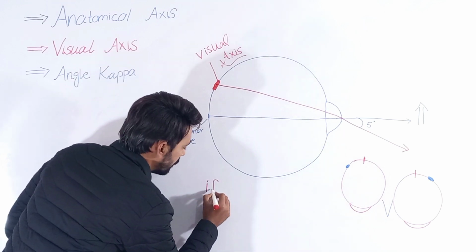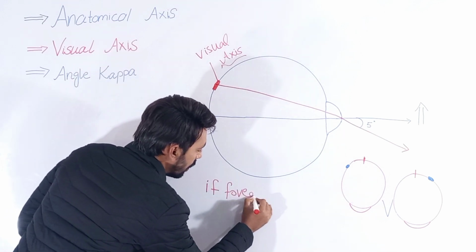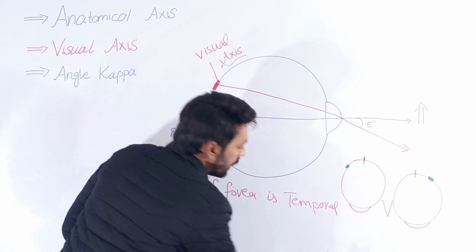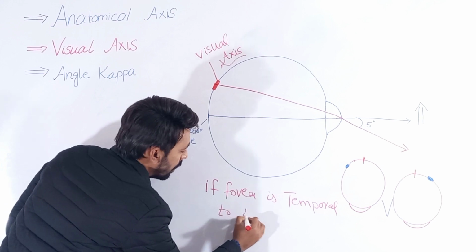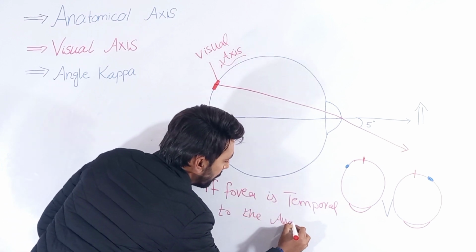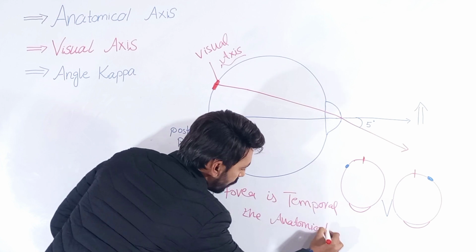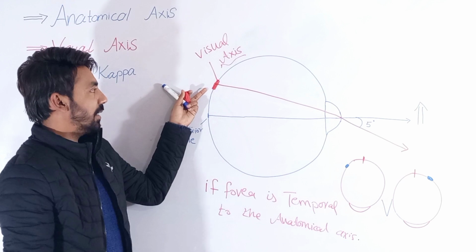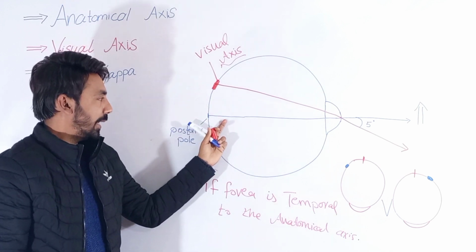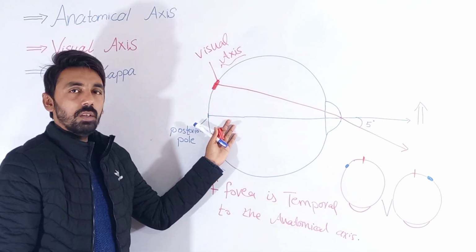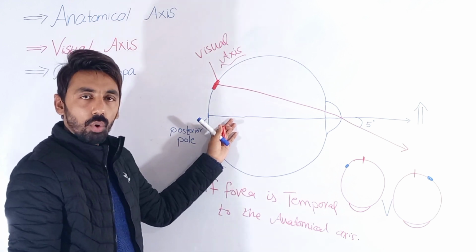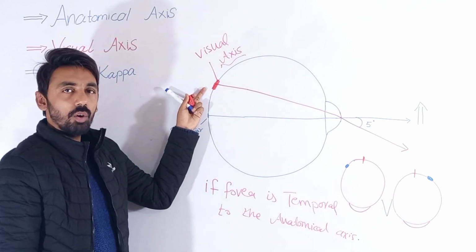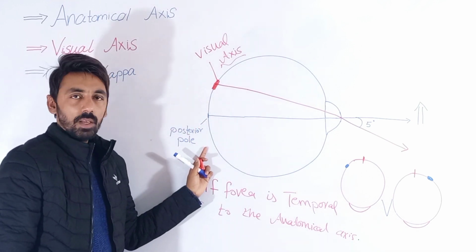If the fovea is temporal to the anatomical axis, this is called positive angle kappa, or this is also called the normal angle kappa, right? So normally the fovea centralis is always temporal to the anatomical axis.